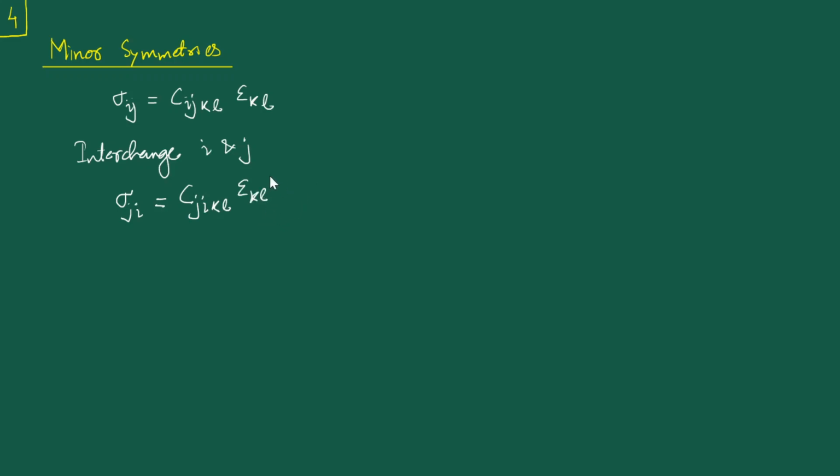Now, if we subtract this relation from this relation, what do you think will happen? Let's do that actually. Suppose we name this one as hash 1, and this one as hash 2.